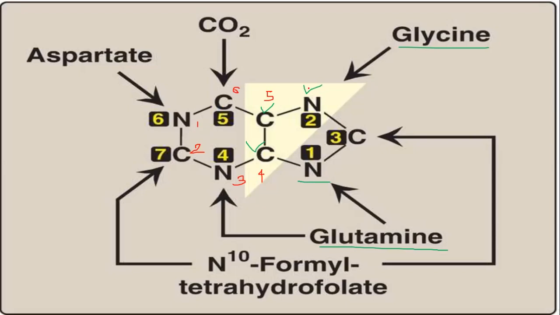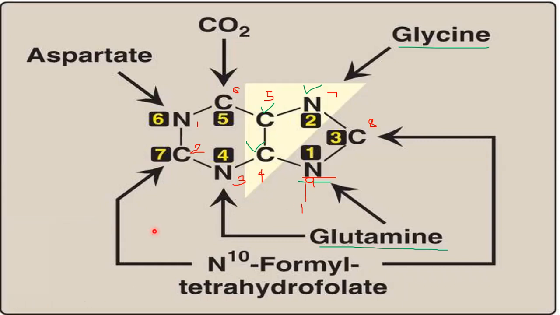But in the 5-membered ring, I will go in a clockwise direction: 6 there, then 7, 8, and the last one 9. The nitrogen at position number 9 is where the ribose will be attached. The sugar moiety is attached there.